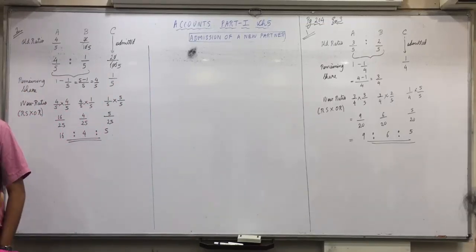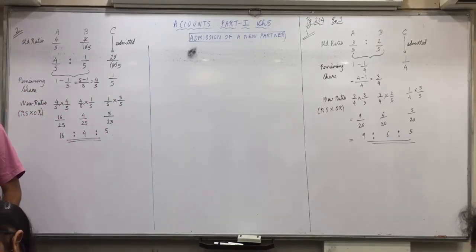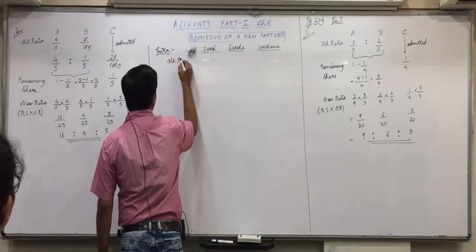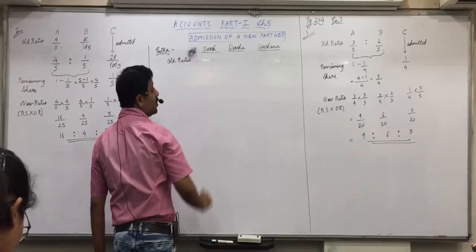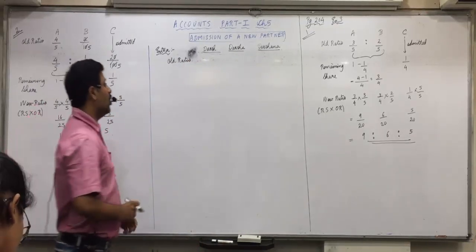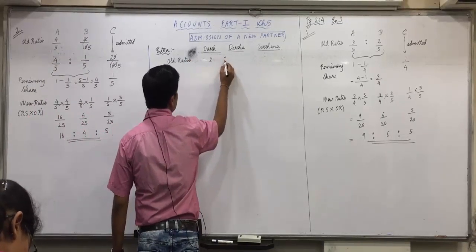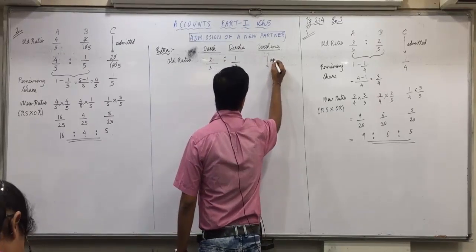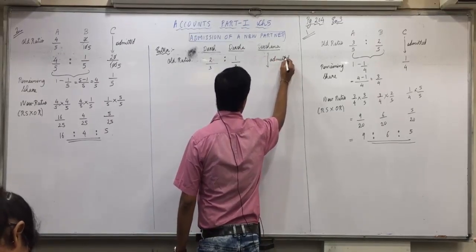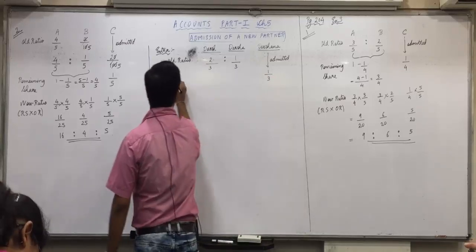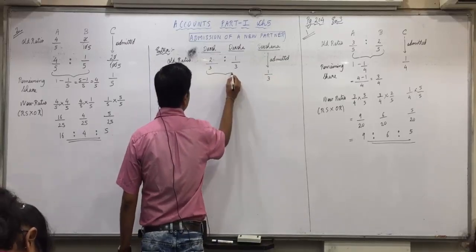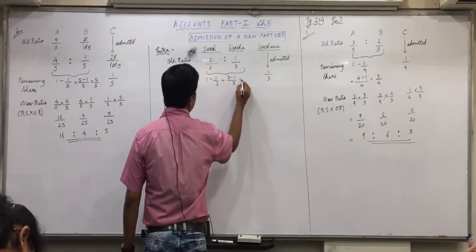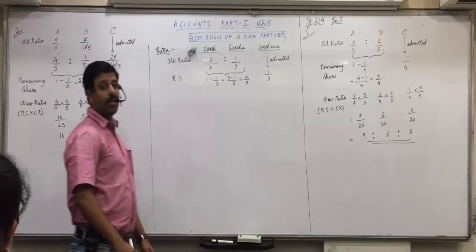All of you solve it on your own and everyone must be able to get the new ratio. Who is able to get 4:3? Old ratio between Darsh and Darsha is 2:1, that is 2/3, 1/3. Darshana is admitted with 1/3 share. First of all, what will remain for Darsh and Darsha? 1 minus 1/3 is 2/3. Who could not get this?